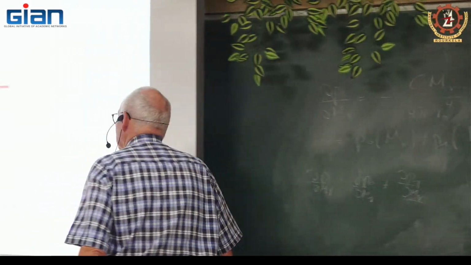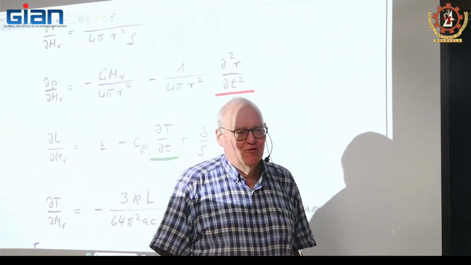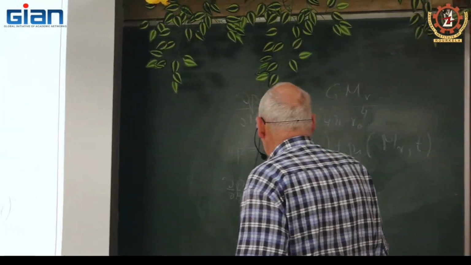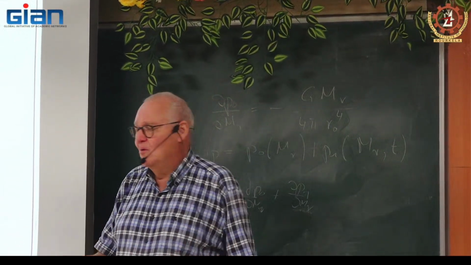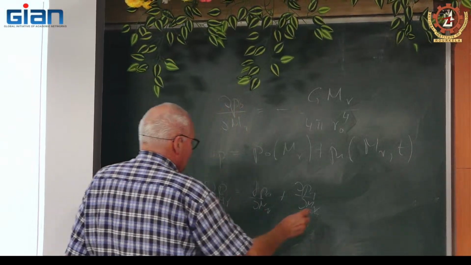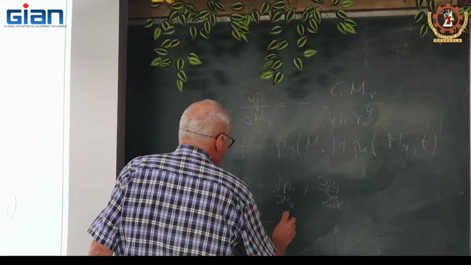And we do the same on the right-hand side. There is this factor 1 over R to the fourth, which is left here. Well, this has to be expanded in terms of a Taylor expansion. 1 over R to the fourth is... so the right-hand side is minus G mr.